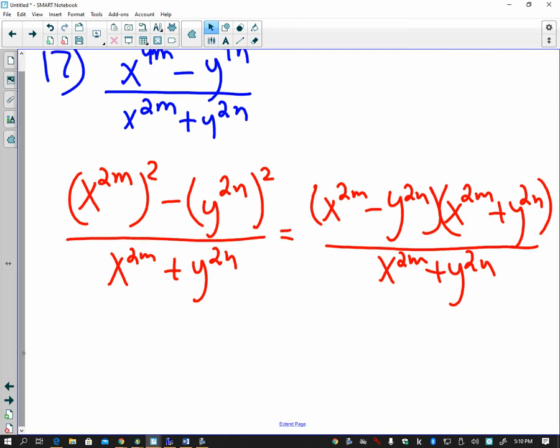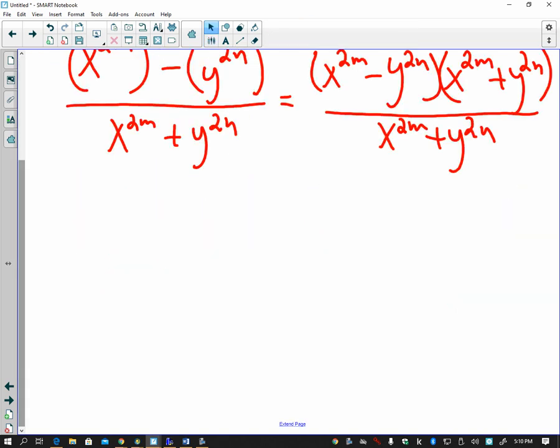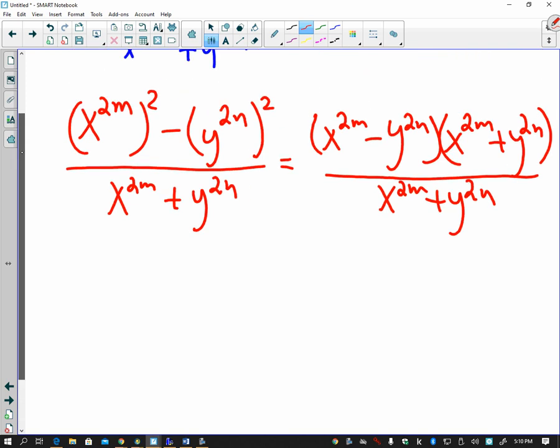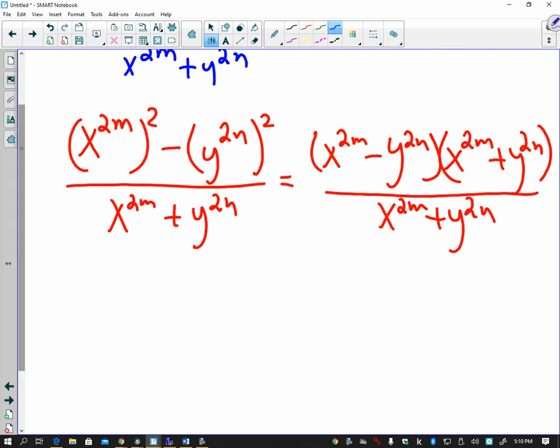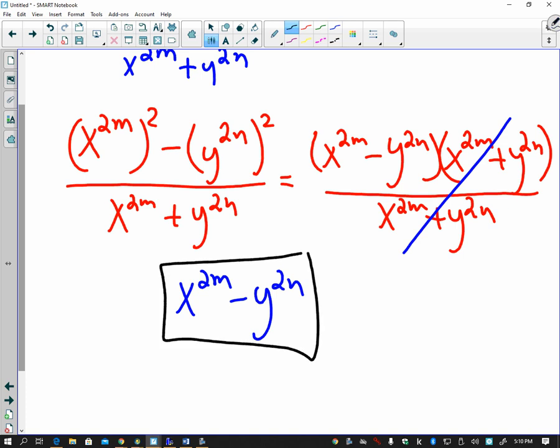Just reminding myself why I don't like this question. So what ends up happening here, if you come back to this, is that the x to the 2m plus the y to the 2n cancels out, and what you're left with is x to the 2m minus y to the 2n. And so they use that and they say, hey, there's your answer. So anyway, not a great question, probably not one I would do.